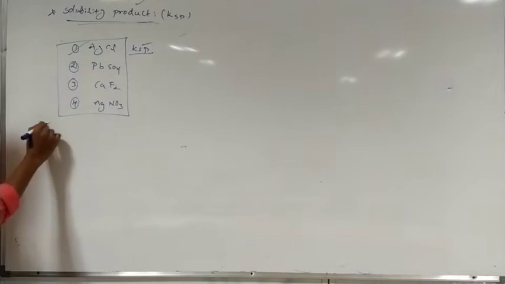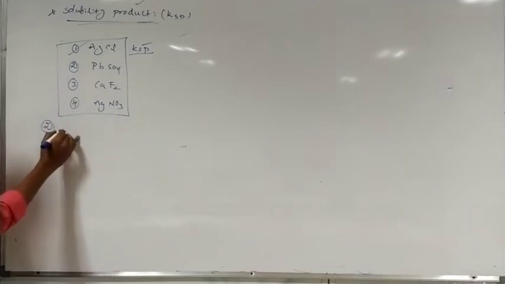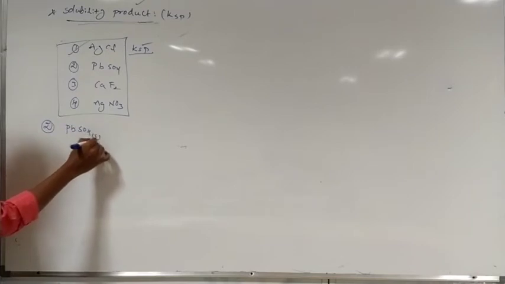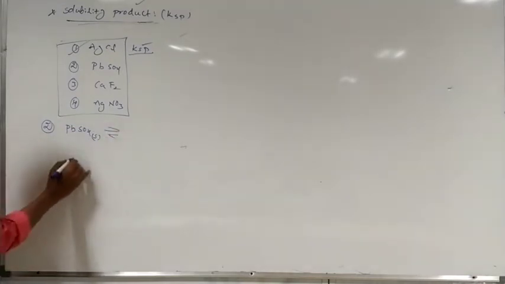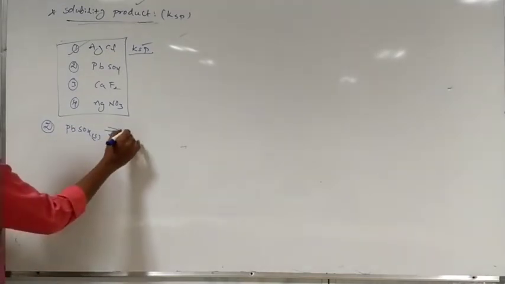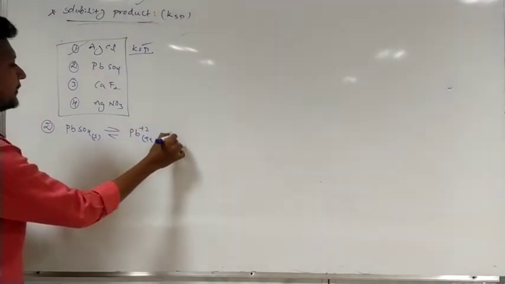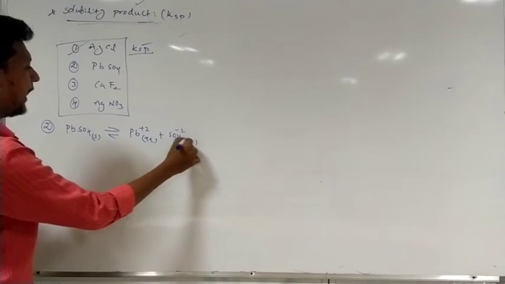I am writing the Ksp for the second salt. PbSO4 is a solid salt which dissolves in water and forms Pb2+ aqueous plus SO4 2- aqueous.